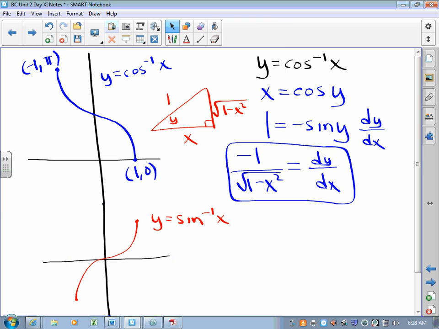If you take a look at the two graphs, the one is just a vertical flip and shift of the other. It's a vertical flip and a vertical shift. And if that is the case, then we expect that their derivatives are the negatives of each other. So it actually is not a surprising result, not as surprising as you think it might be.